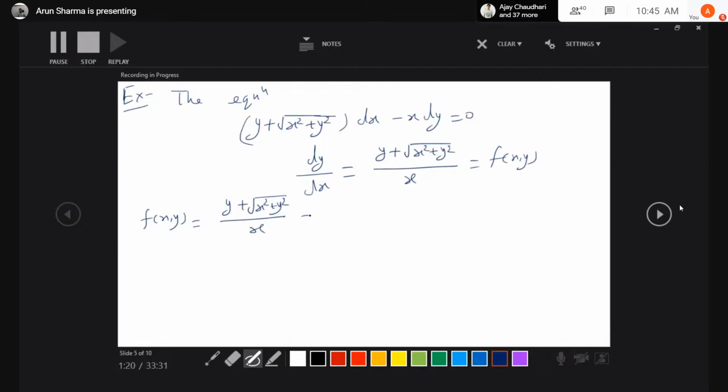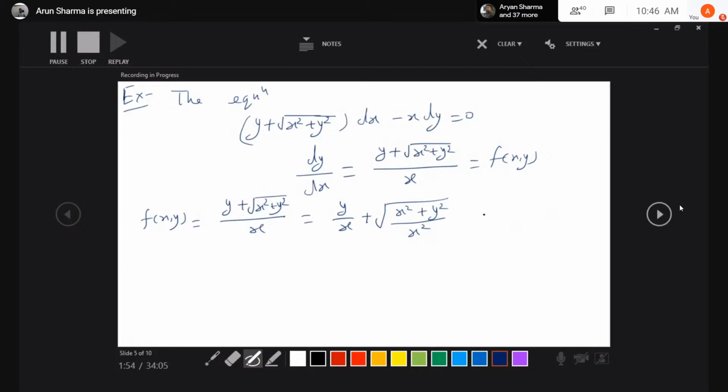So if you see, this is y upon x plus, so basically if I take it inside, I write x square plus y square on x square. Means if I take this x inside, then it will be x square.